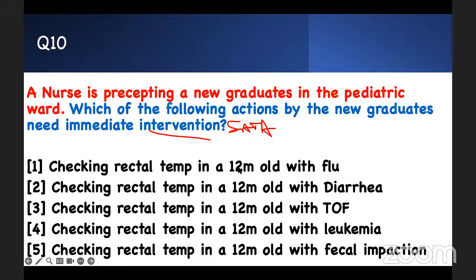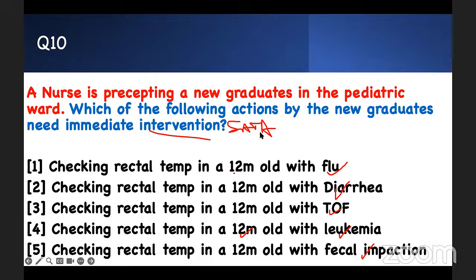Check rectal temperature in a 12-month-old with flu. Check rectal temperature in a 12-month-old with diarrhea. Check rectal temperature in a 12-month-old with a heart problem. Check a rectal temperature in a 12-month-old with leukemia, or check a rectal temperature in a 12-month-old with fecal impaction.